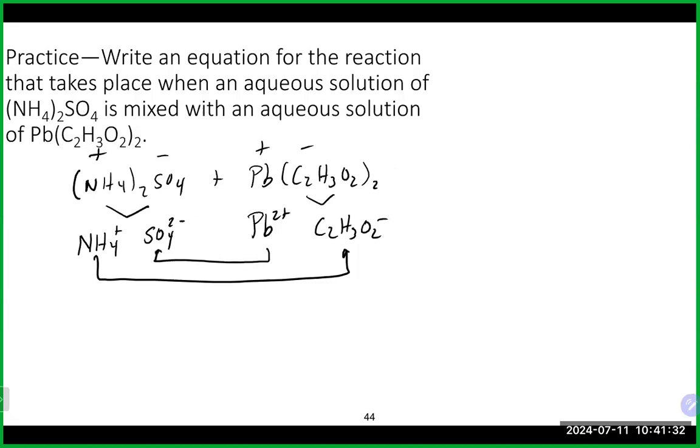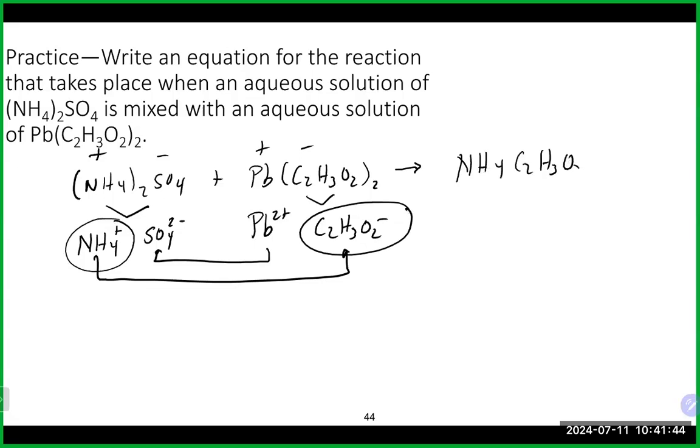On this side of the arrow, we want to put it together properly. That's going to be +1 and -1 coming together, which is going to give us NH4 C2H3O2. And here, that's going to be +2 and -2 coming together, and that's going to give us PbSO4.